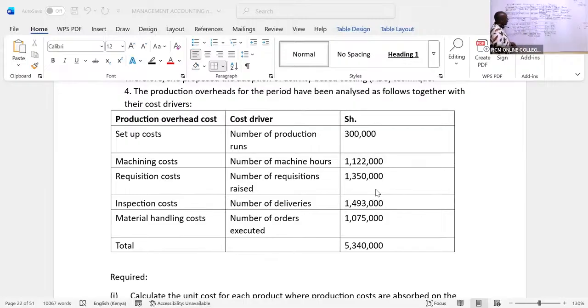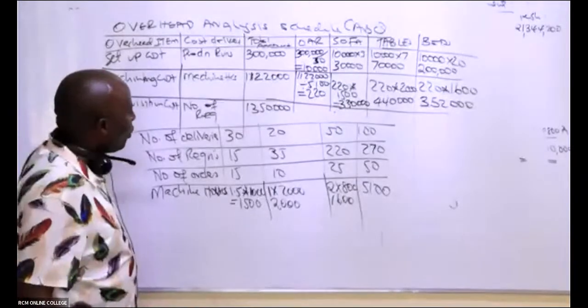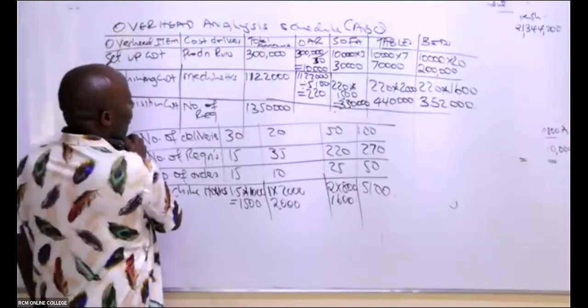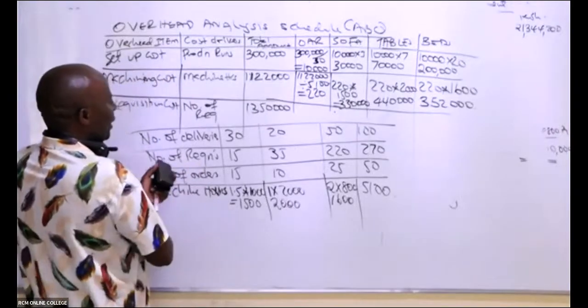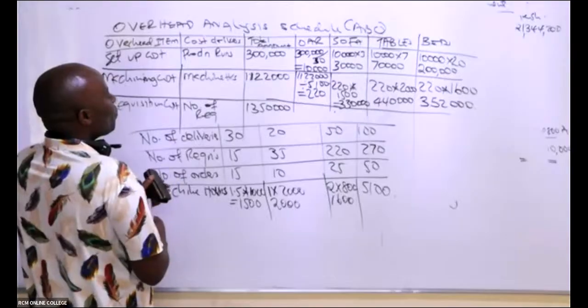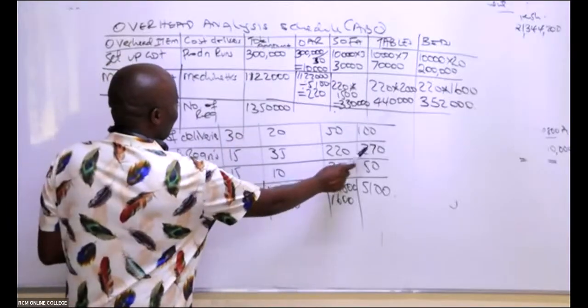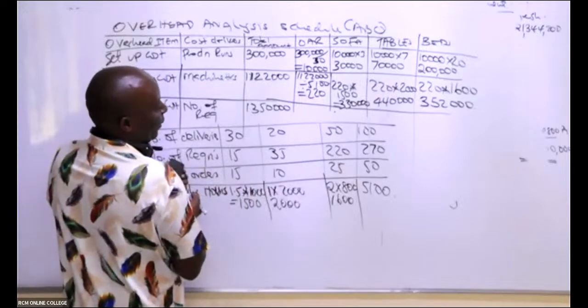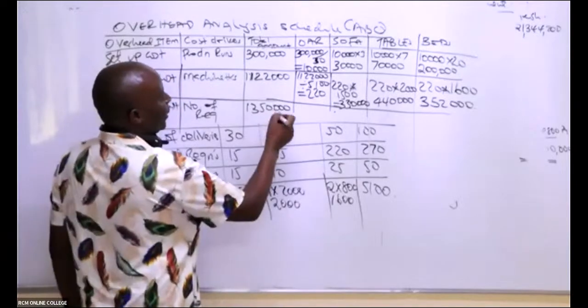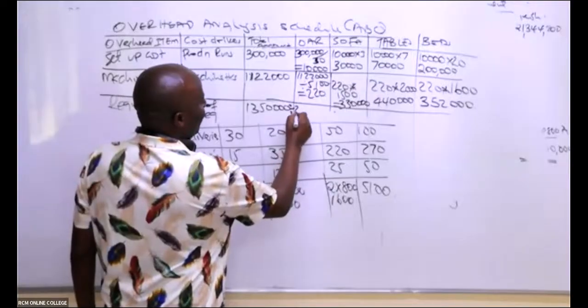So now you are experts, really. Go ahead and give me the OAR for the requisition cost. It's very easy. You will take this amount divided by the number of requisitions, which are how many? 270. So you simply divide this by 270.